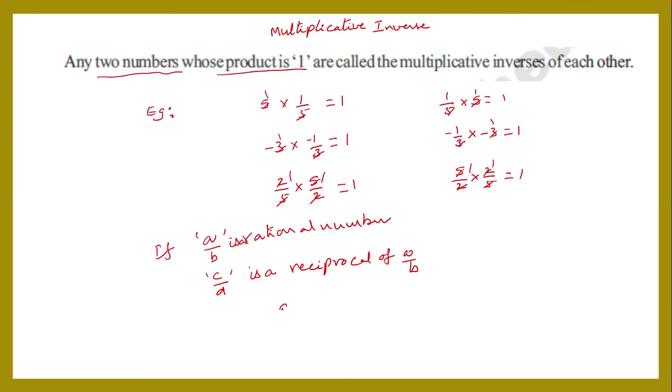Then we conclude that a by b into c by d is equal to 1. The product of these two is 1. That means therefore a by b and c by d are multiplicative inverses of each other.